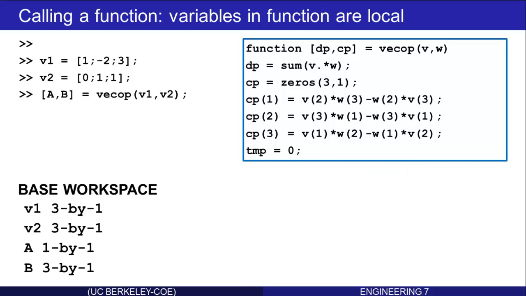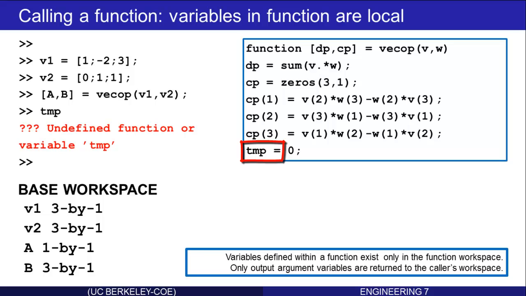The function exits, returning control to the command window. The output arguments are passed back, creating variables a and b in the base workspace. And of course, the variable temp is undefined. Variables defined within a function exist only in the function workspace. Only output argument variables are returned to the caller's workspace.